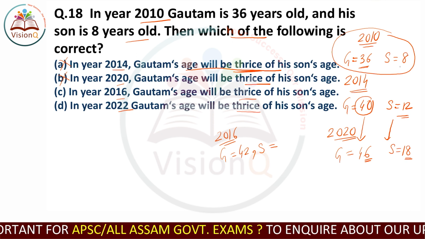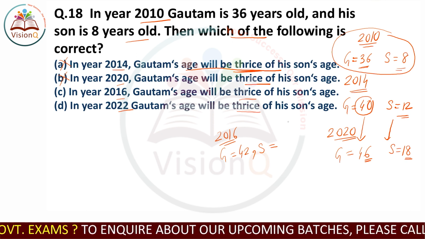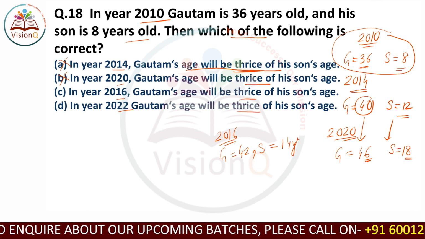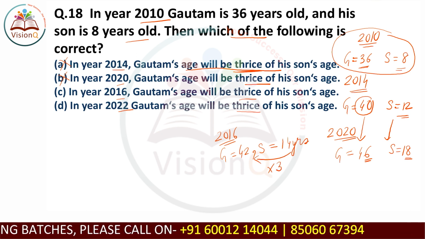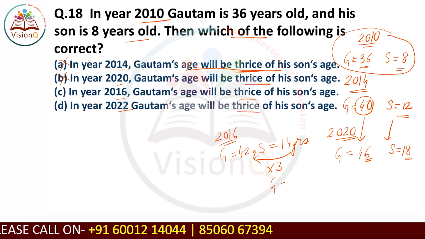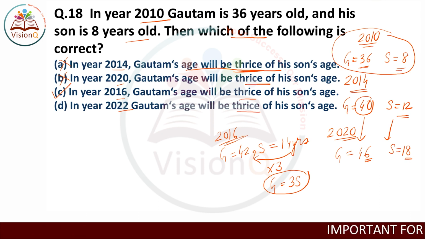The son's age will also increase by 6 years, so 8 plus 6 is 14 years. We can clearly see that 42 is 3 times 14. Therefore the correct answer is option C: in 2016 Gautam's age will be thrice his son's age.